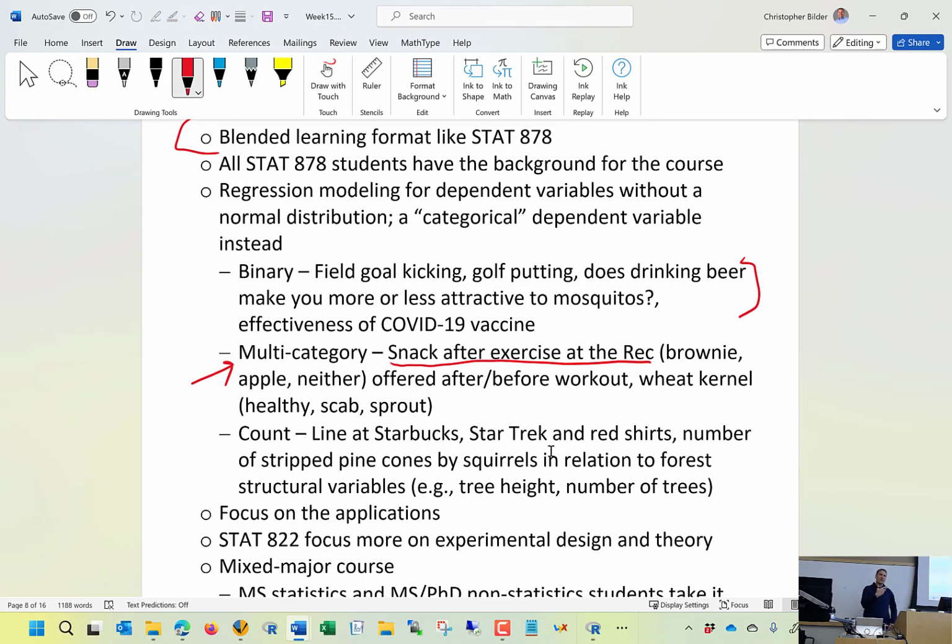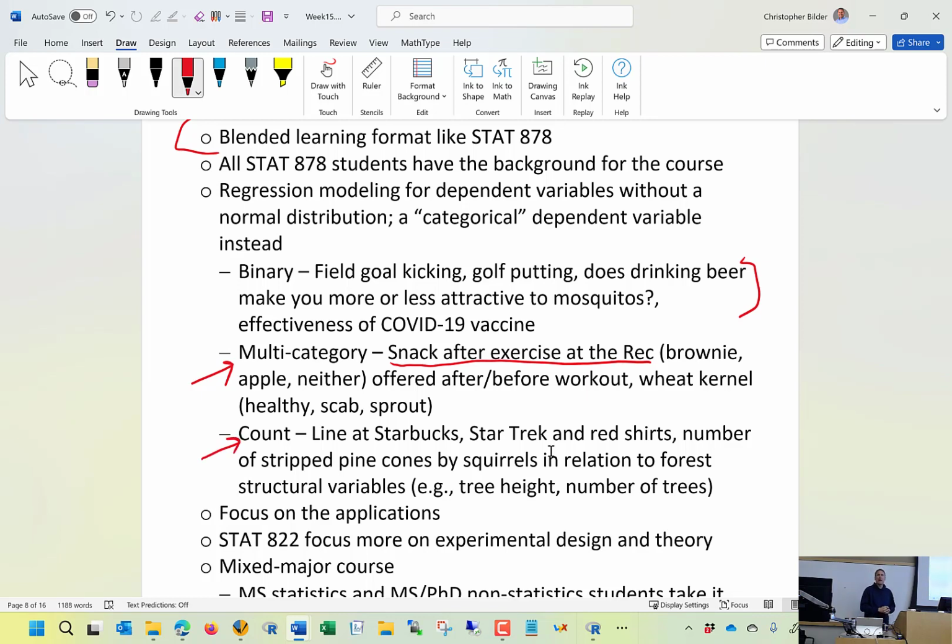They would offer this snack to a person after the workout, when they would be given the snack. Or they would say, hey, before you work out, if you do something for me, I will give you the snack after you're done. And so what they were interested in determining was, after you're working out, maybe your ability to say no to unhealthy snacks might be less because you're tired. And so we could use some kind of regression models to help make that judgment.